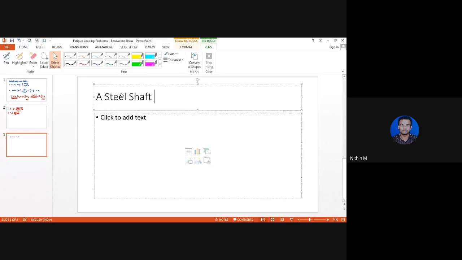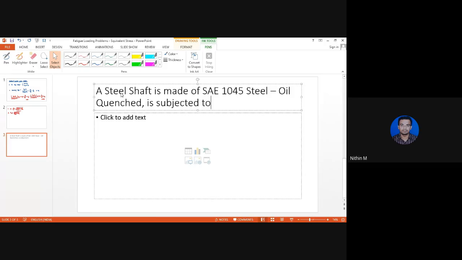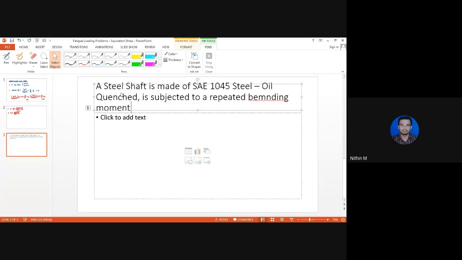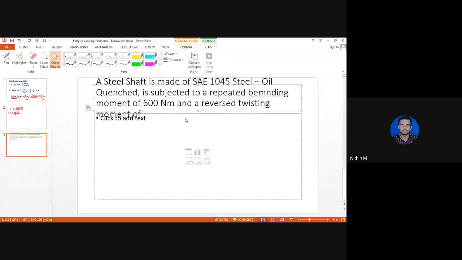A steel shaft is made of SAE 1045 steel, oil quenched, and is subjected to a repeated bending moment of 600 Newton meter and a reversed twisting moment of 600 Newton meter.